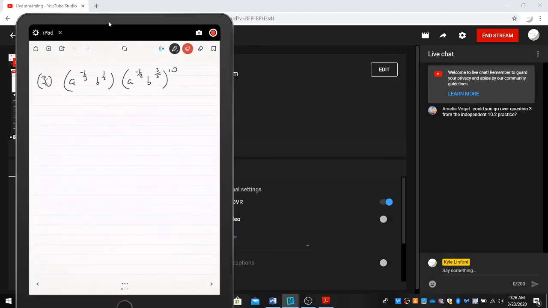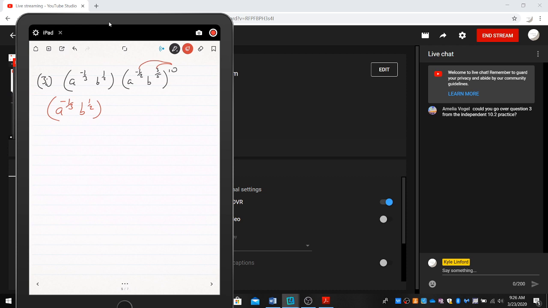So for this one, it should remind you of what we did with exponents, okay? We have one expression here, and we have another expression here, but this one has a 10 on the outside of it. So if we're going to try to simplify everything, well, I'm not going to simplify the first one just yet. But this one, we can use the power rule for it. So if you remember the power rule, that said we could distribute, and again, I'm using that word, if you can see me, I'm putting air quotes around that.